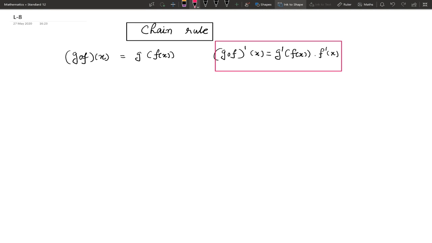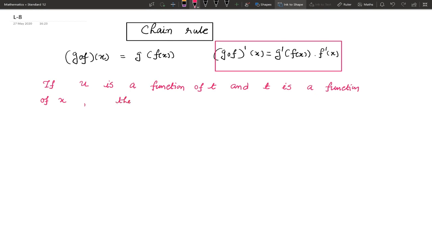So if u is a function of t, and t is a function of x, then u is a composite function of x.